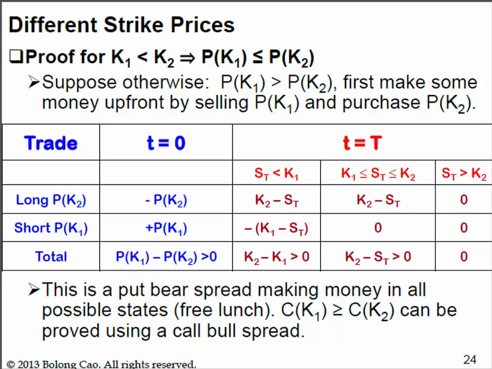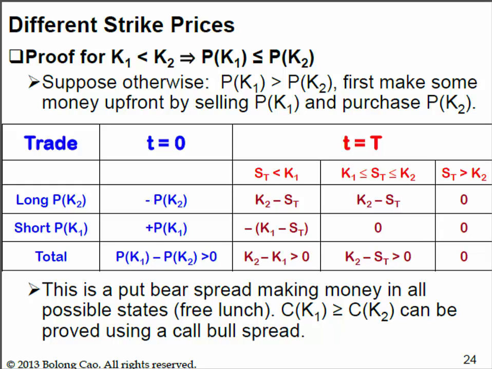Okay, this is the way we can prove that the option premium relationships have to obey certain rules. For the puts, a lower strike gives you a lower price. For the calls, a lower strike price means a higher call premium.